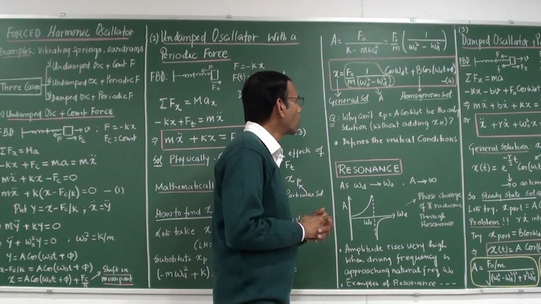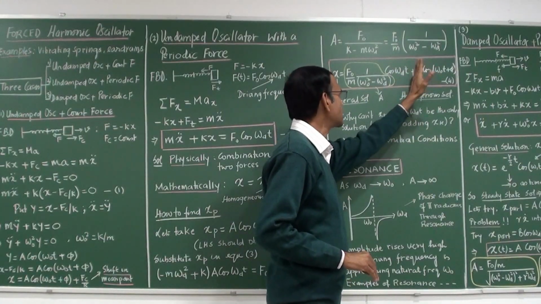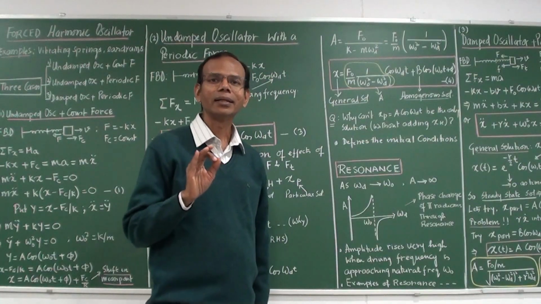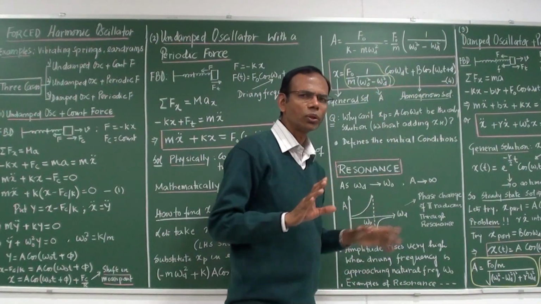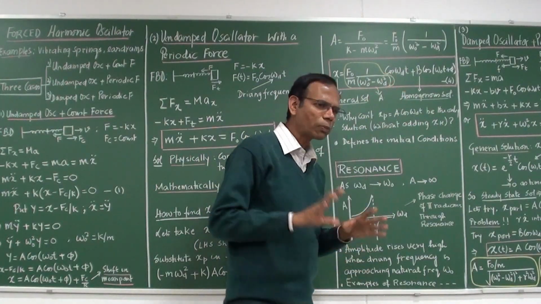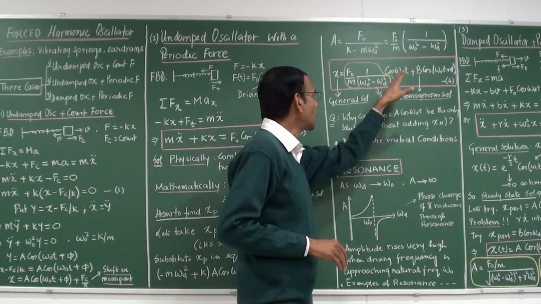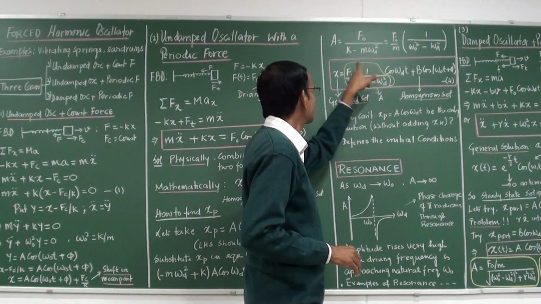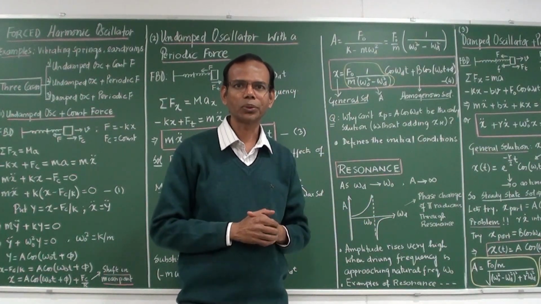See, the reason why I should add this is, if I don't add it, and suppose this is my only solution, then it cannot define the initial conditions. How? If I take t equal to 0, initial conditions means t is equal to 0, what is the x? Suppose I have started with the condition t equal to 0, x equal to 0. Now if I put t equal to 0 over here, then x is this much, but I want x equal to 0, and there is no other option to do it.